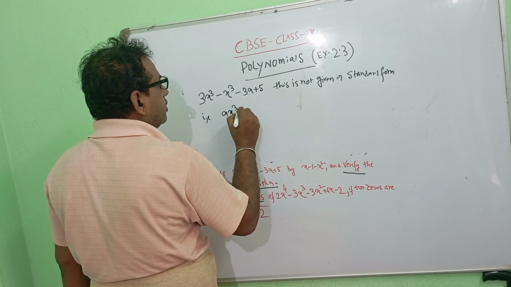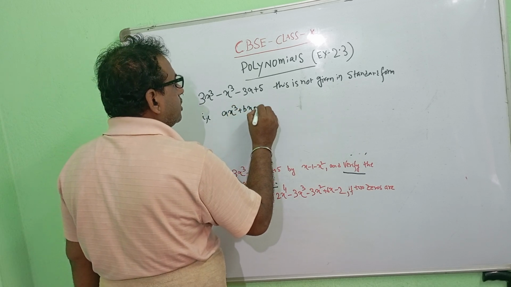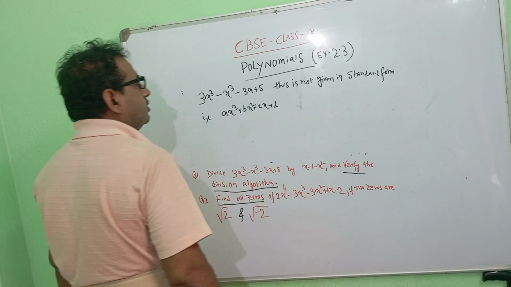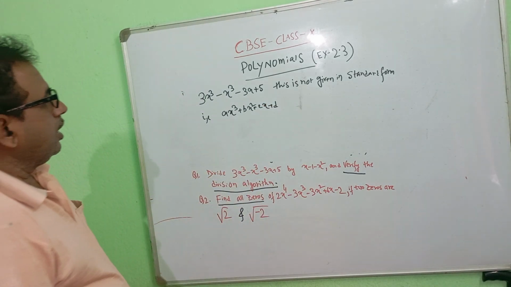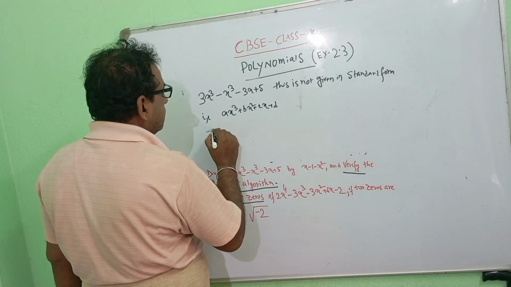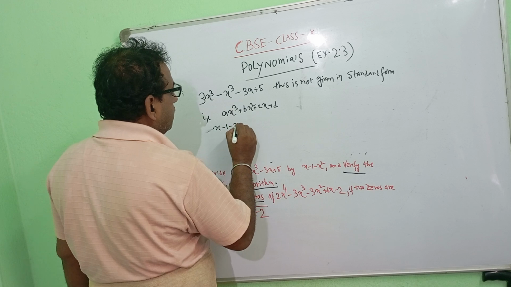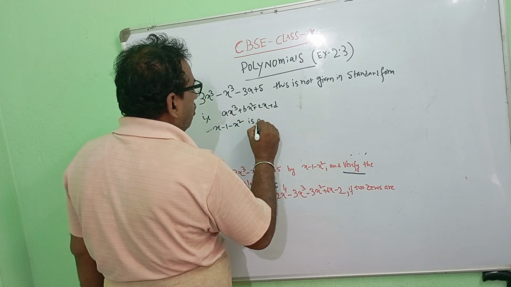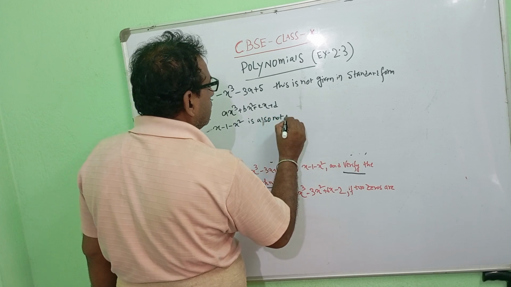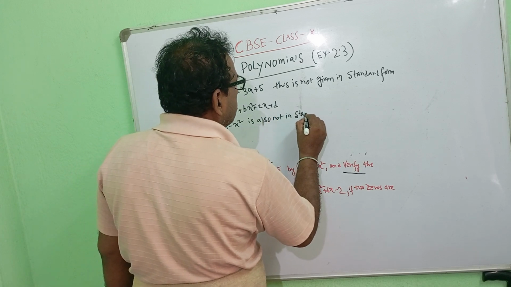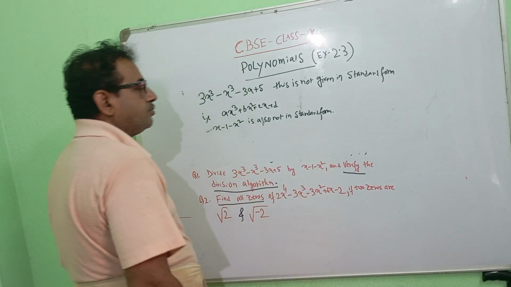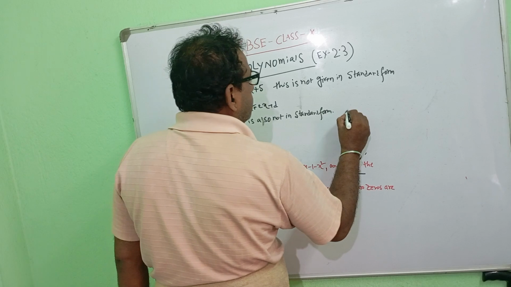Ax cube plus bx square plus cx plus d. And the other, minus 1 minus x square, is also not in standard form. What is the standard form?